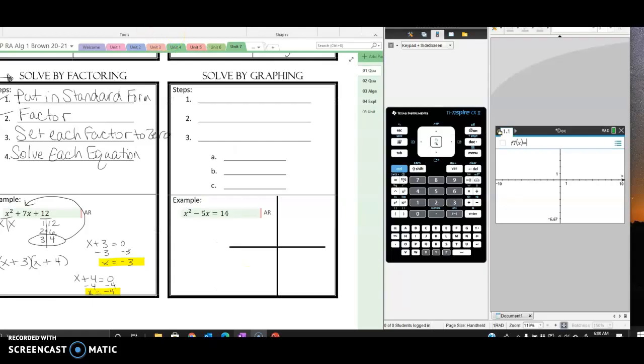Okay, if you notice, I left for just a minute so that I could get my calculator software up. And you are going to need your calculator, so get it ready. All right, so now we're going to solve by graphing. So the first step is we need to make sure we put it in standard form. So you're going to really need to know what standard form is. So make sure you're working on that. And then you're going to type the quadratic into a graph page.